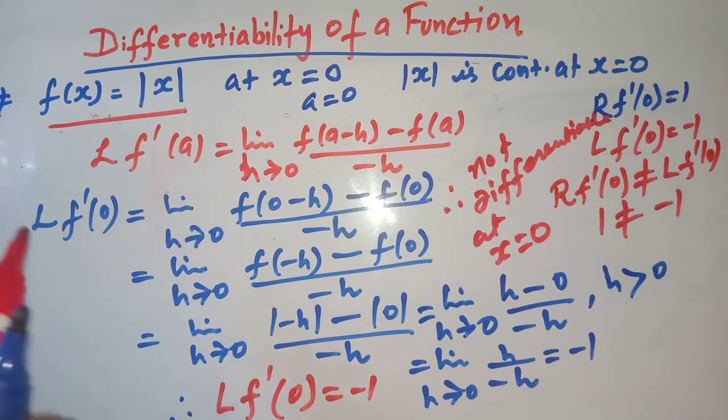But this absolute value function is continuous at x is equal to 0. So we conclude that every continuous function is not necessarily differentiable, but all differentiable functions are continuous. Clear? So let us take some more examples.